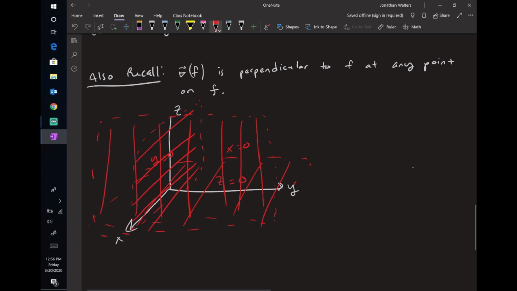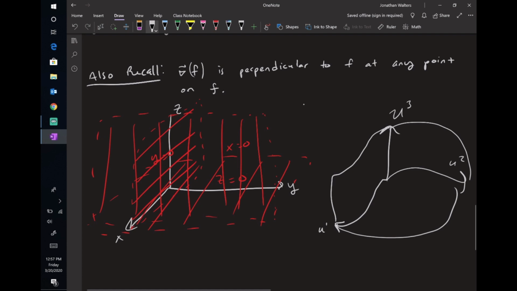Now, in a curvilinear coordinate system, we'll just draw arbitrary curvilinear coordinates, u1, u2, and u3. Now u1 equals a constant would be some surface.